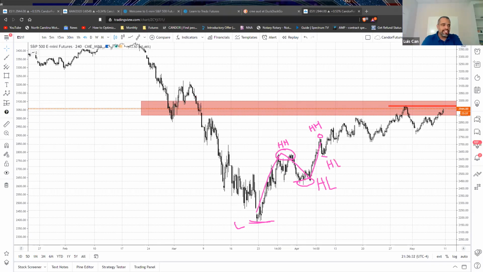Every time you see this type of formation, you know your trades to be on the safe side are going to be long from the supports, which are this area. You put your long trade and you go all the way up here and you got a higher high, higher low. Now, let me tell you a tip. When they are so wide open like this all the way up, then it's safe to buy.